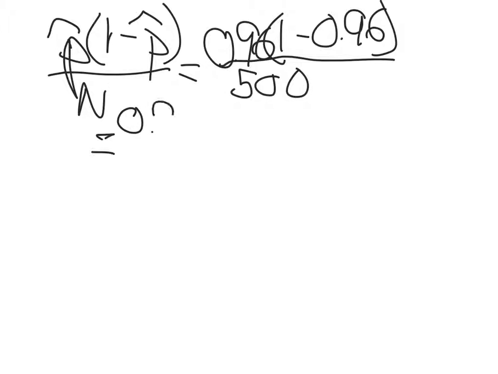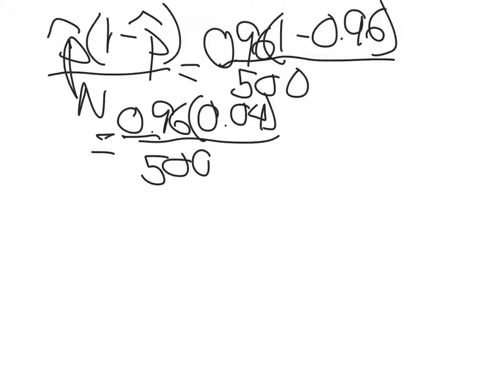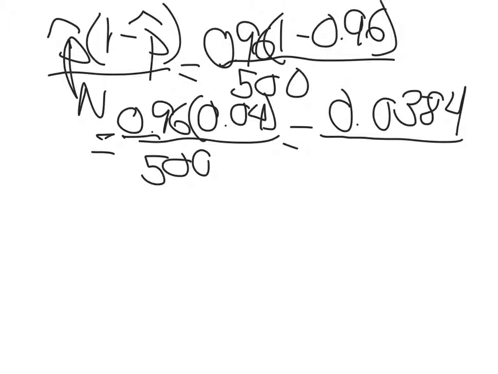So that's going to be 0.96 times 0.04 over 500. So what are we going to have? Let's see, 0.96 times 0.04 is equal to 0.0384 in the roof over 500 in the basement.